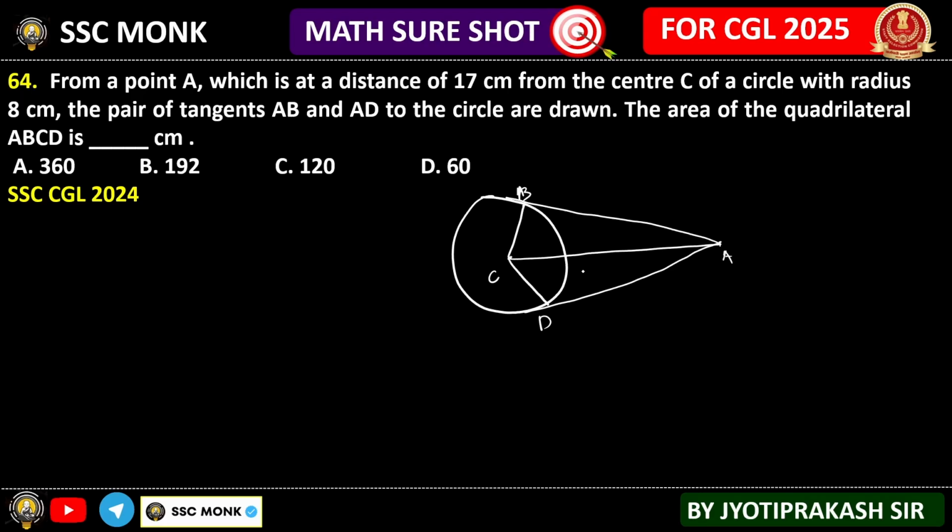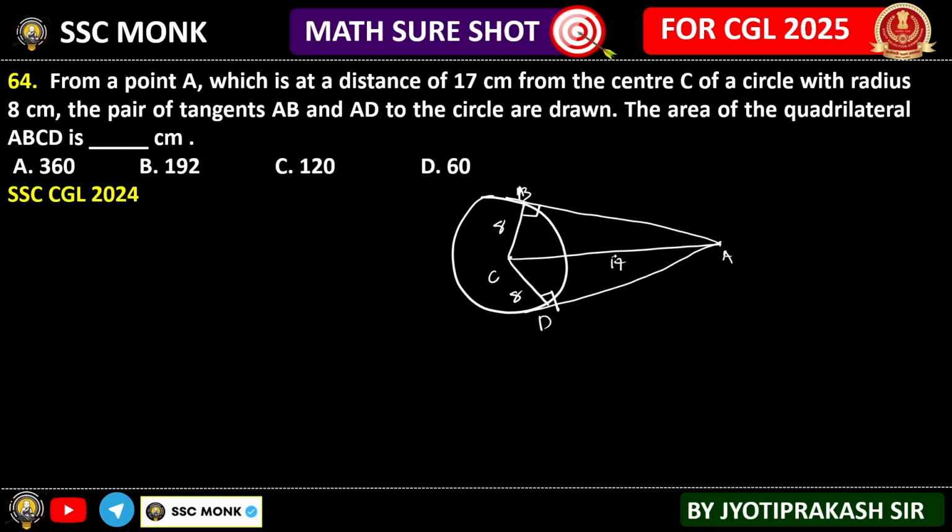Clear? Now see. This is 90 degree. Yes or no? Yes. It is saying which is at a distance of 17 centimeters. So this total distance is 17 centimeter. This distance, circle radius is 8. And this value is 90 degree. Same here, 8, 90 degree.